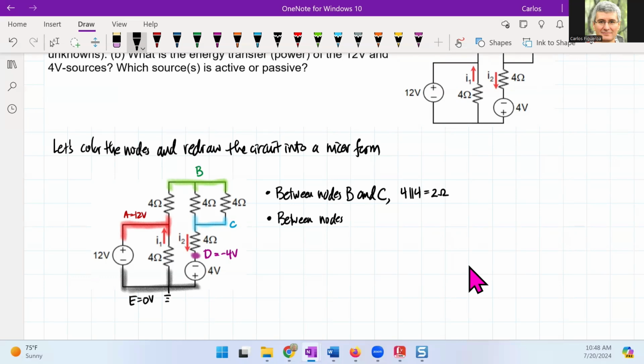So then that tells me I'm going from A to B to C. And then you could see that I have a 4 ohm that's also in series. So what I'm saying is that between these nodes here, all these resistors are in series.